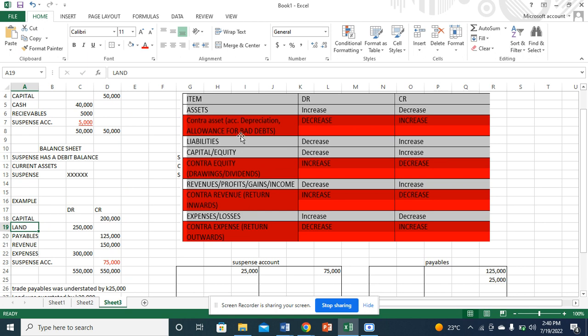We don't know what type of account land is. It's an asset. To be specific, it's a fixed asset.